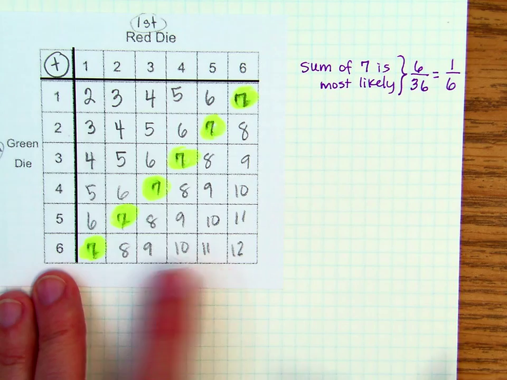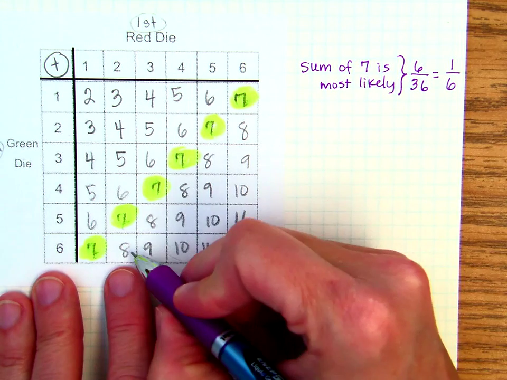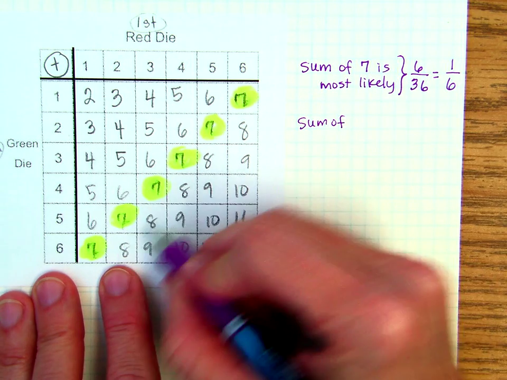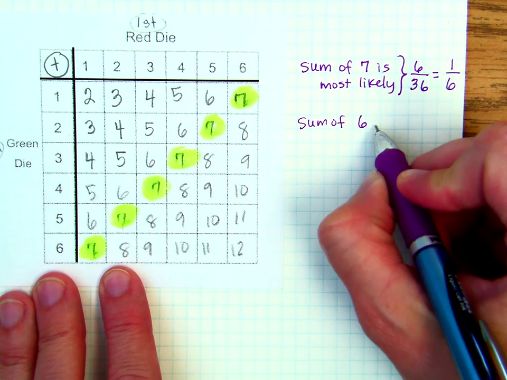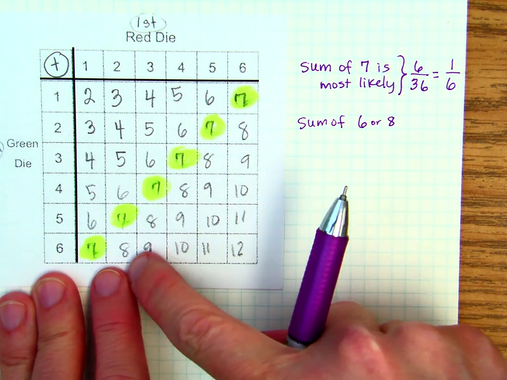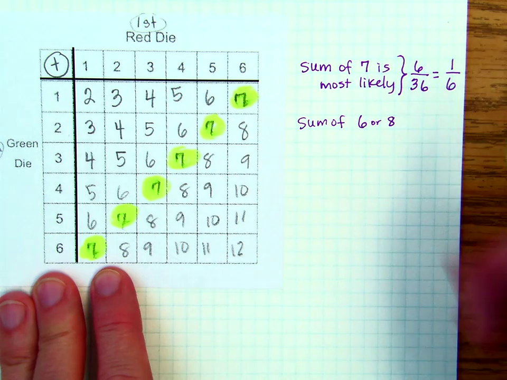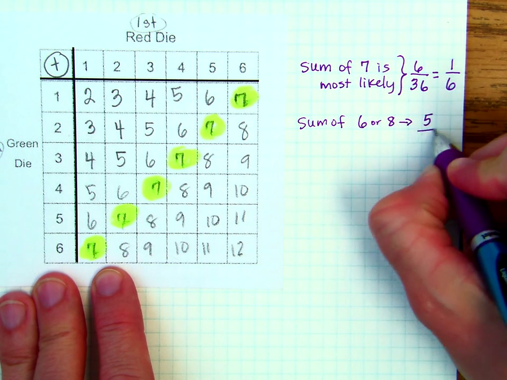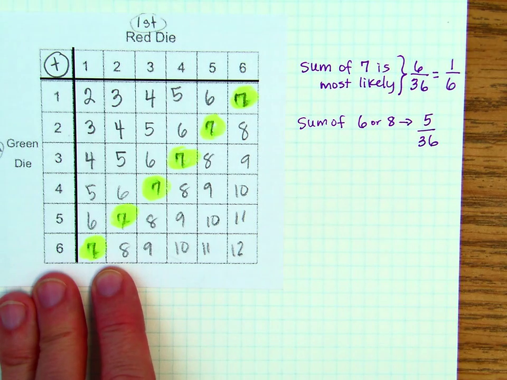We're not going to go through all the rest of these, but we're going to look at a couple. The sums of 6 or 8 are the next most likely. For the sum of 6 or 8, we have 1, 2, 3, 4, 5. The probability is 5 out of 36, and that can't be simplified.